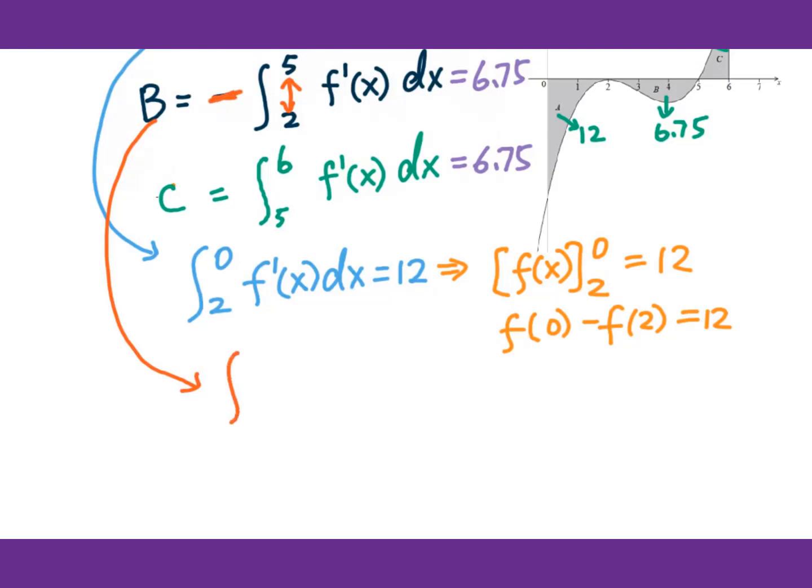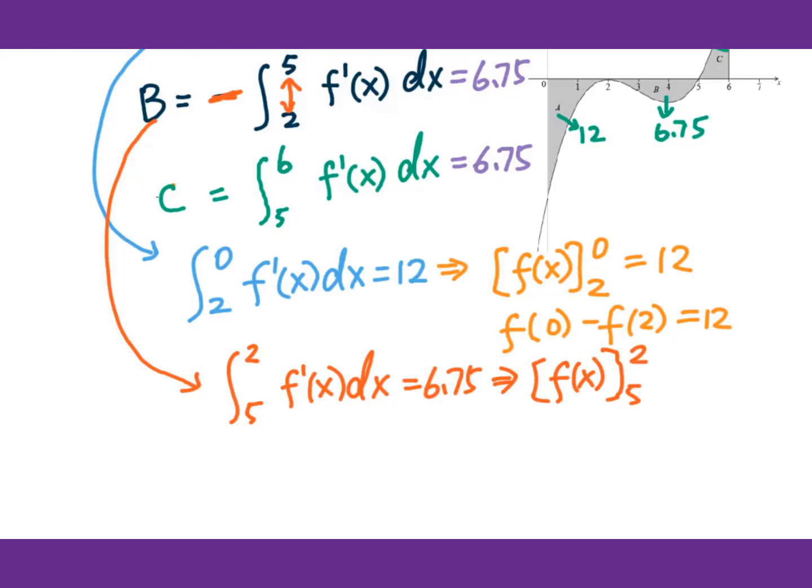So you get the integral from 5 to 2 of f prime of x dx equals 6.75, which means f of x from 5 to 2 equals 6.75. So you will get f of 2 minus f of 5 equals 6.75.